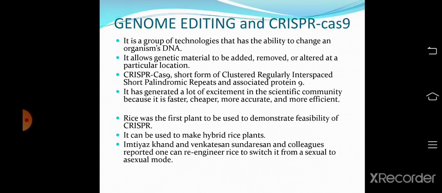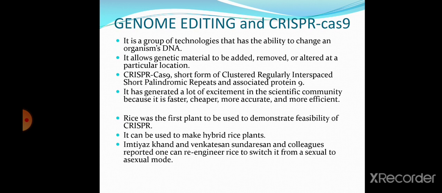Genome editing and CRISPR-Cas9. What is genome editing? Genome editing is otherwise known as gene editing. Do you remember what is genome? The whole complement of genes that determine all the characteristics of an organism is called genome.